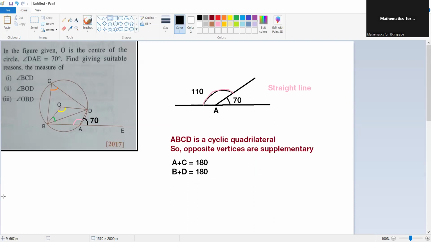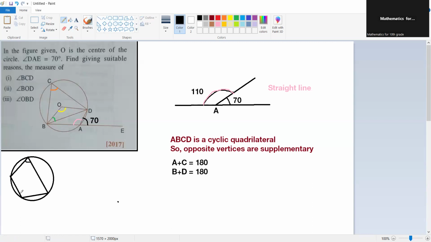Just for clarity, I'll show it here. This is a circle, and if I randomly draw any quadrilateral inside the circle, it is called a cyclic quadrilateral.